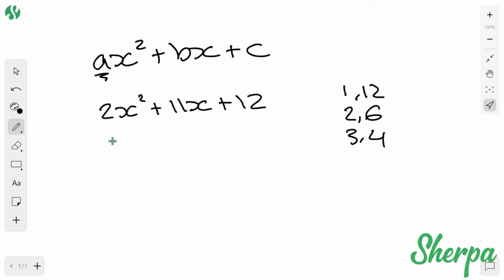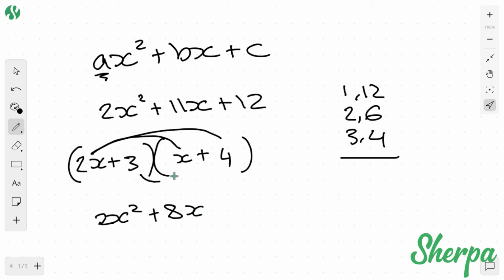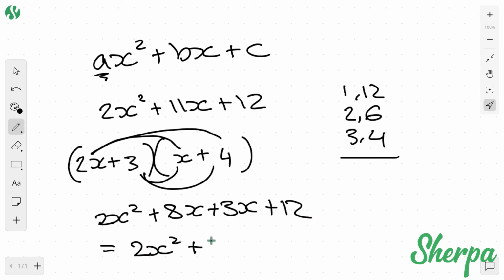But this extra 2 adds some complications. As you may have guessed, I'm going to use these two factors here. Now, when I put a 3 here and a 4 in here, look what happens. I get 2x squared plus 8x plus 3x plus 12, which is going to equal 2x squared plus 11x plus 12.